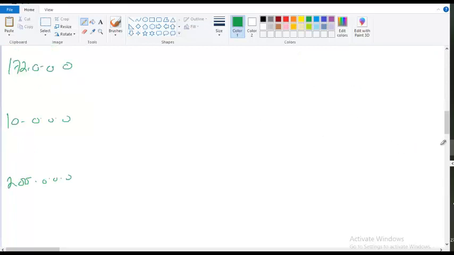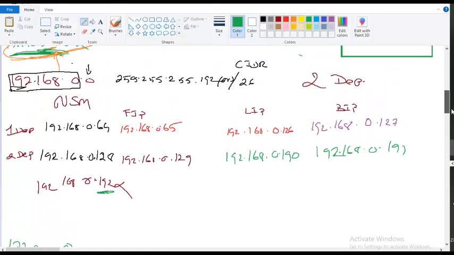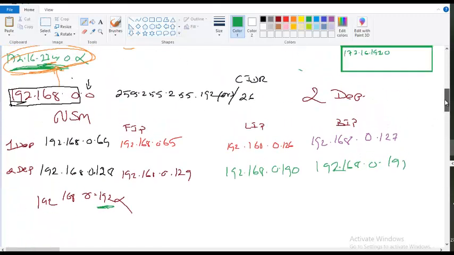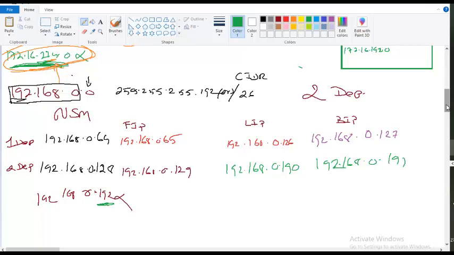So you should remember the lesson that you learned in this. When you do the subnet mask, the default subnet mask, first you need to check what class it belongs to, and then you need to borrow from the octet which is available, the next bit.